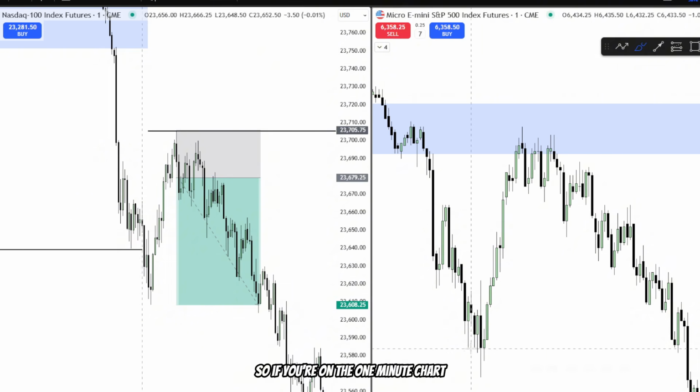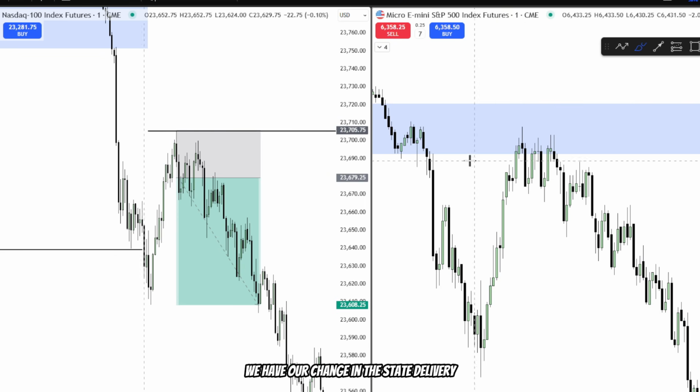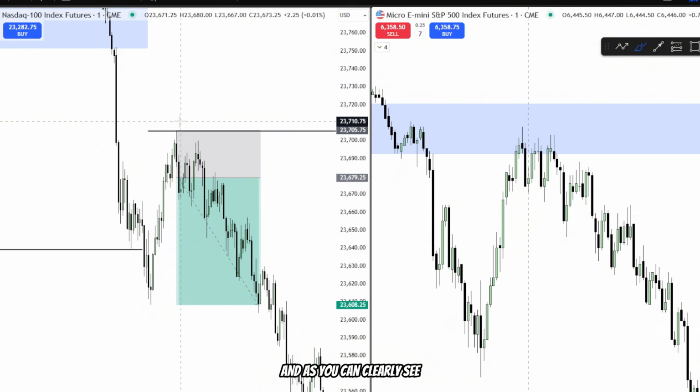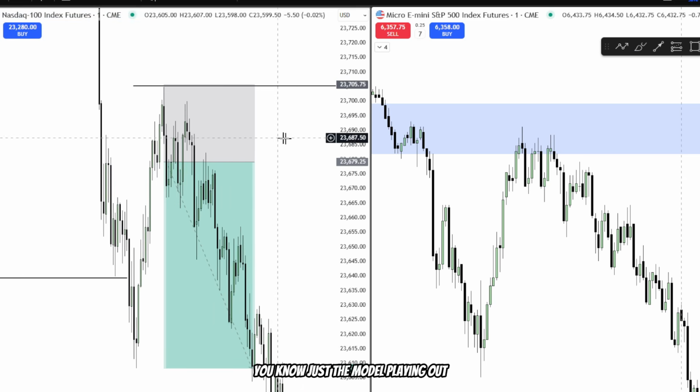So if you're on the 1 minute chart and you tap into a 15-minute fair value gap, that's a higher time frame point of interest, right? So off of that, we have our SMT, we have our change in the state of delivery, and this would be the model right here, right? And as you can clearly see, it works out, just the model playing out.